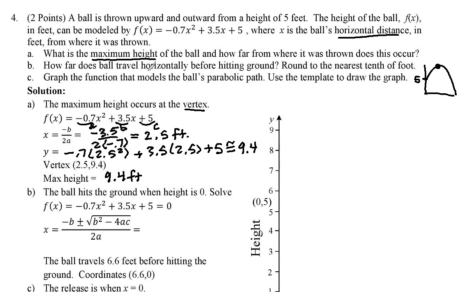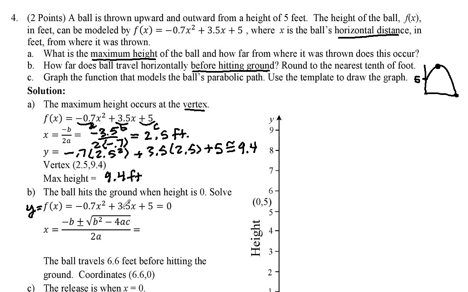How far does the ball travel horizontally before hitting the ground? Okay, so when it hits the ground down here, the y-coordinate's going to be 0. So what we want to do is we want to find when the height is 0. So that means take our f of x, which is our y-coordinate there, and we set that guy equal to 0 here. So that gives us a quadratic equation to solve. It doesn't factor, so we'll whip out quadratic formula. Right here I've written it down for you.